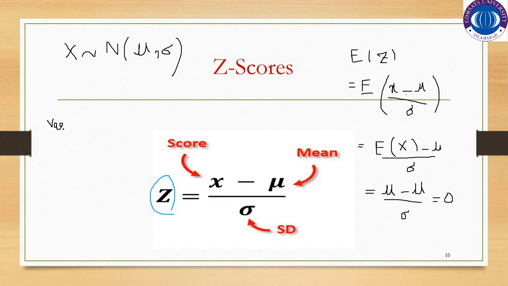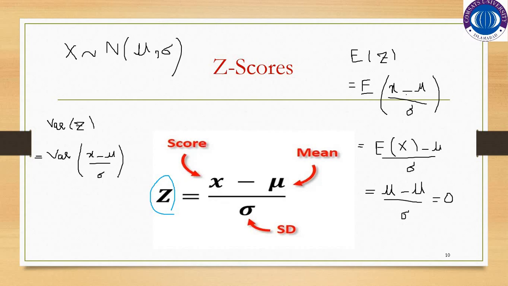The variance of z is equal to the variance of (x minus mu) over sigma.